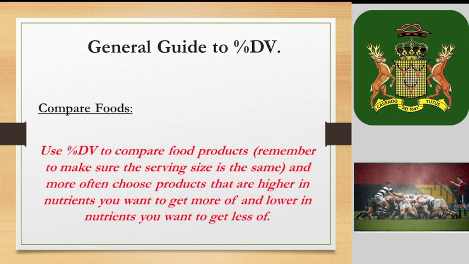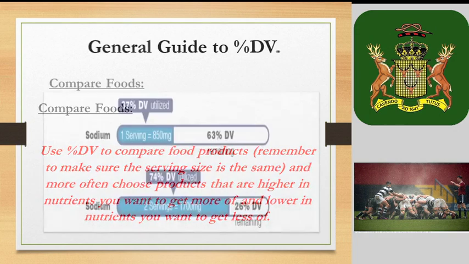Compare foods: use the percent of the daily value to compare food products. Remember to make sure that the serving size is the same, and more often choose products that are higher in nutrients you want to get more of, and lower in nutrients you want to get less of.